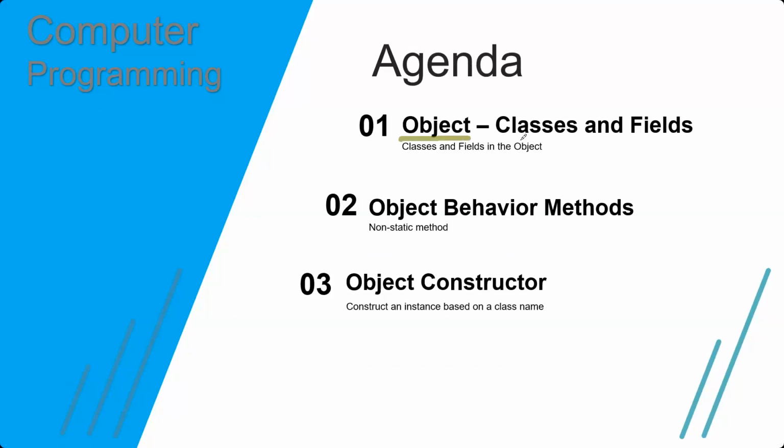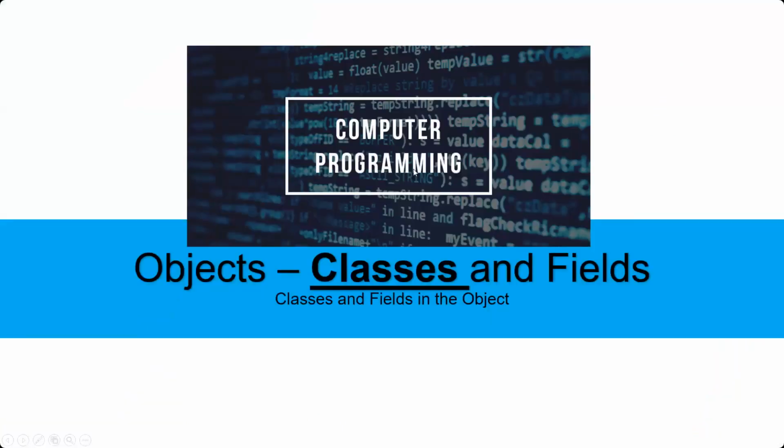And we are going to learn about classes and fields. And we are going to learn about the object behavior, and we are going to learn about the object constructor. So what are they? Let's learn one by one. We are going to learn about class. Okay, what is class? And later we will learn about what are fields.